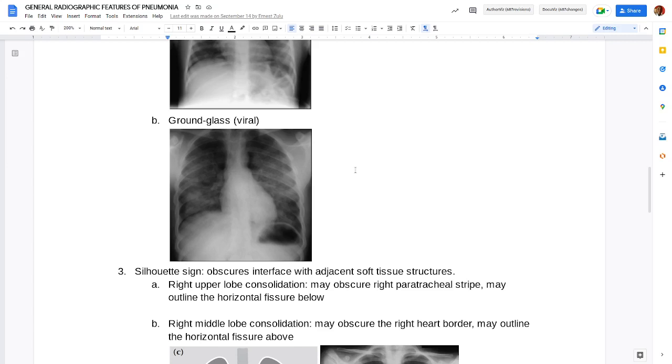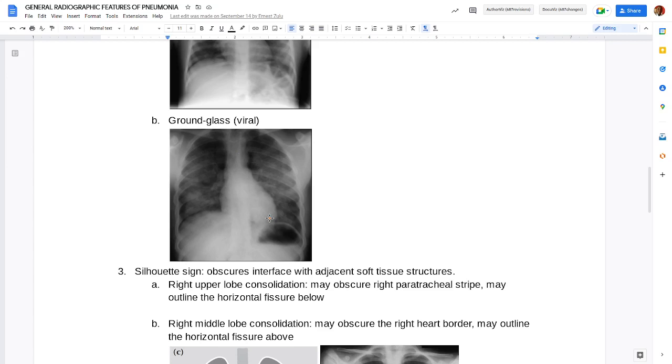And typically for COVID-19, this ground glass appearance will be on the outer part of the lung, not in the middle. What sort of viral infection is image B?